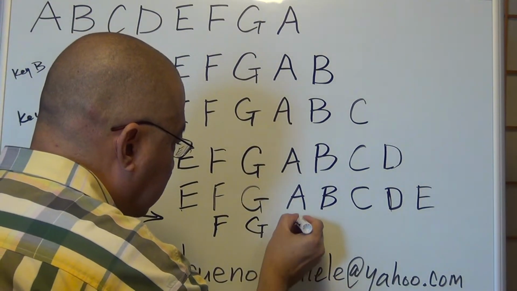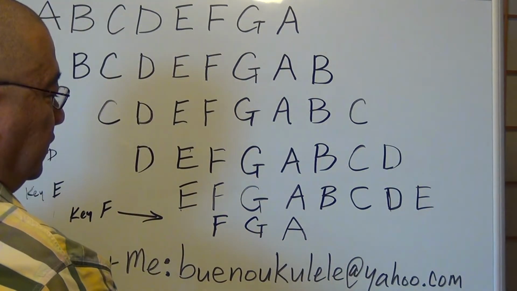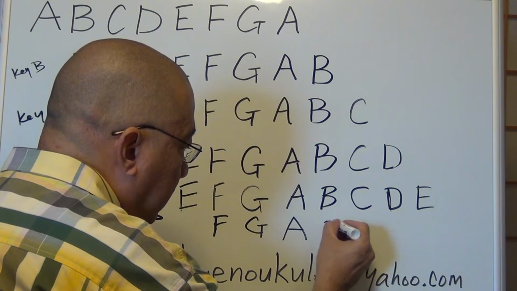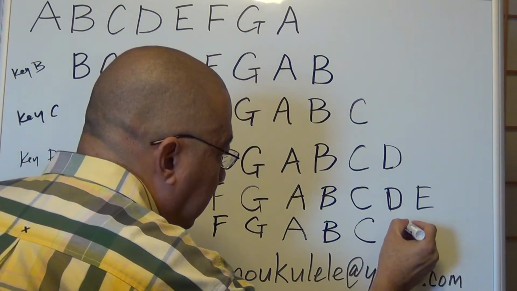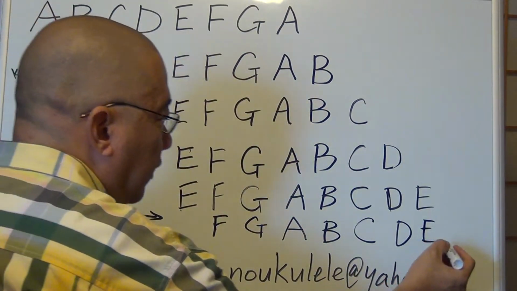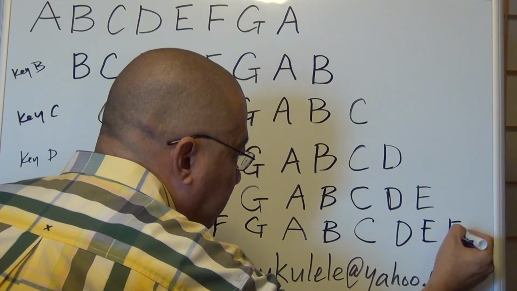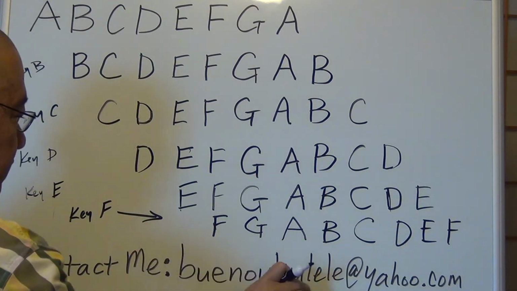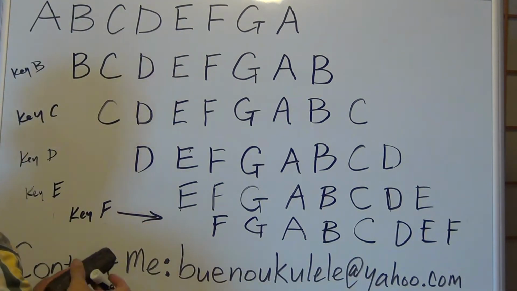A, because that's just the way it is. Okay, then we continue our alphabetical system. What comes after A? B, C, D, E, and what did we start with? We started with F, so we're going to stop there. Okay? Once again, that's your key of F.